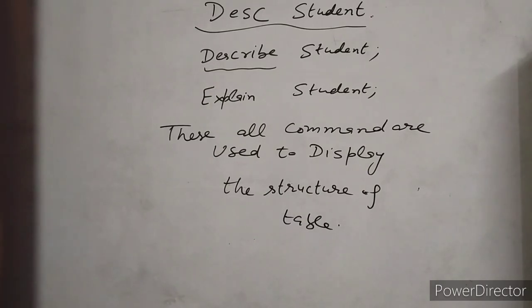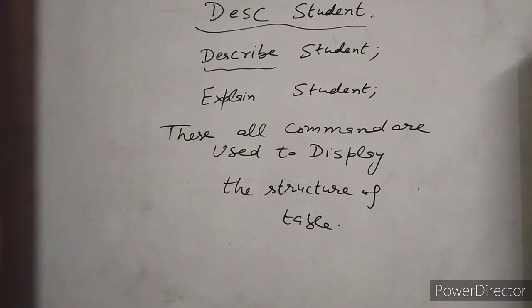After so many days, if I want to use the student table but I forget the structure, that is, I don't remember what type of columns I have inserted in my table and what their data types are, I want to see all the details related to the layout of my table. Then I will use DESC student or describe student or explain student.